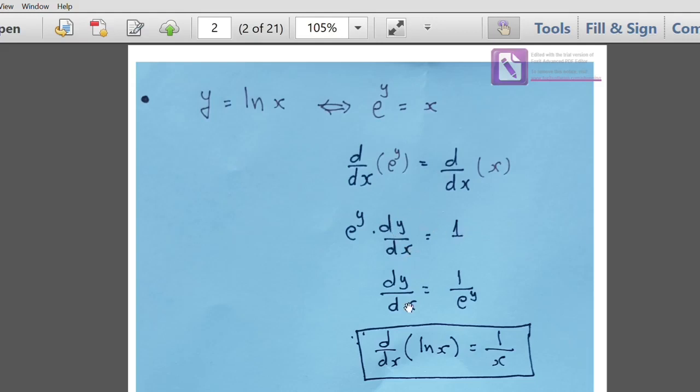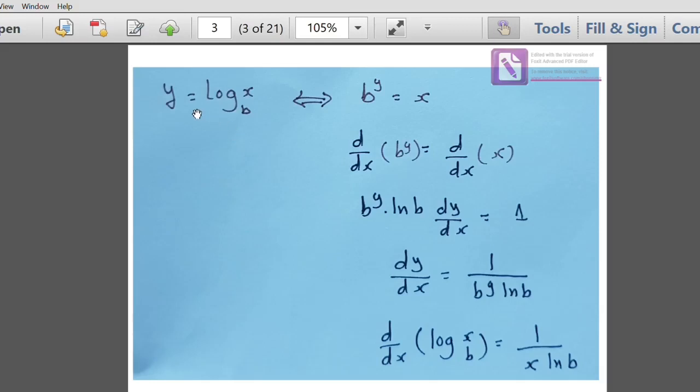So dy over dx equals 1 over e^y. What is y? From the beginning we said it is ln of x. So d of ln x over dx equals 1 over e^y, and e^y is x. So 1 over x. We conclude that the derivative of ln x is just 1 over x.